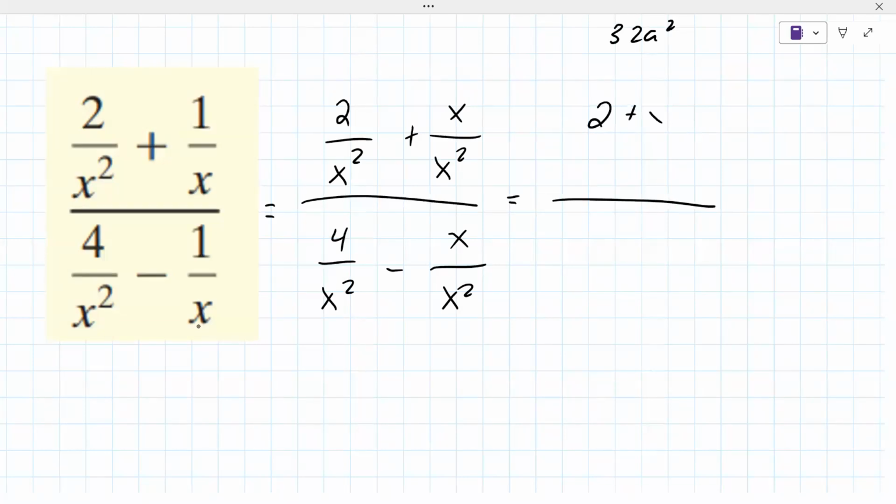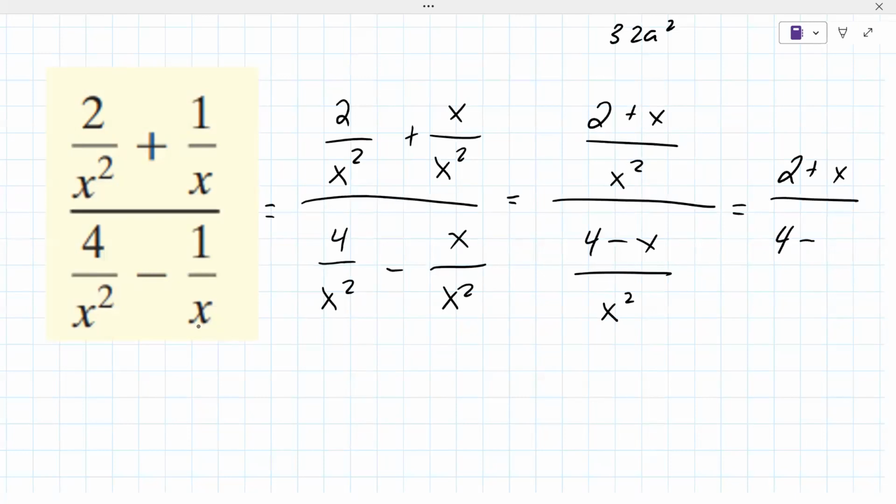This becomes 2 plus x over x squared, 4 minus x over x squared. This becomes 2 plus x over 4 minus x. Whenever the bottom is the same, you just cancel those out.